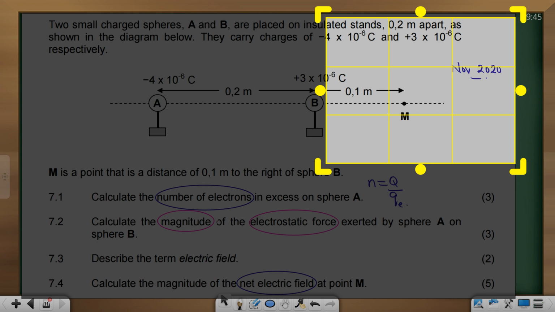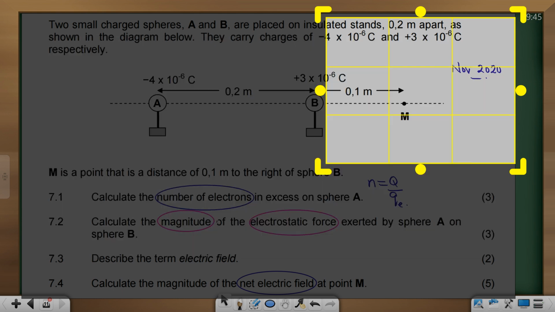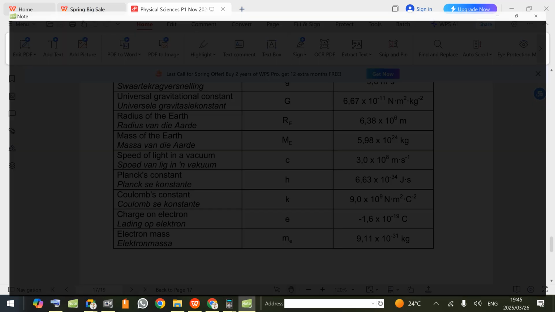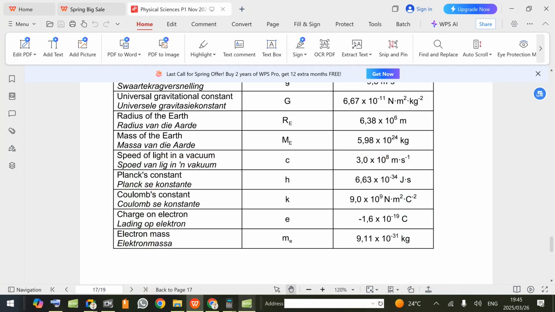I am completely stuck. It's refusing. What am I going to do here?